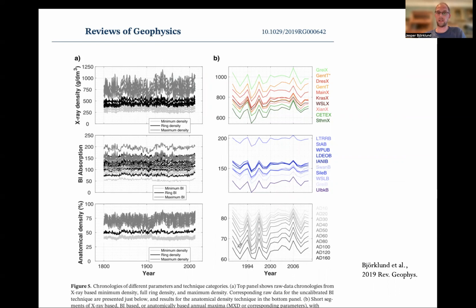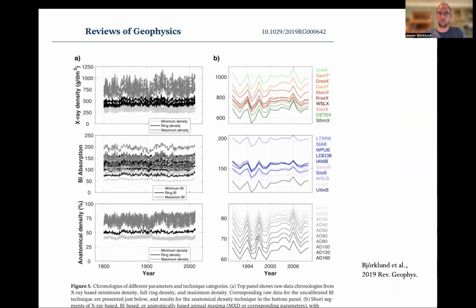You can see that the variability here is very similar to if we measure blue intensity on the same samples. And this is done by 9 different labs throughout the world. They are, as you can see, very well correlated from BI method to BI method, but also very well correlated with the wood anatomical density, which does not take the cell wall color into account.